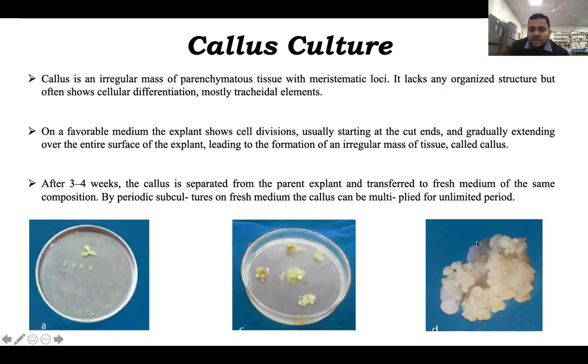So from these calli, based on the media that we are putting them on, you will start seeing some kind of differentiation. You will start seeing some root formation or some shoot formation happening. So we take that part out and put it onto an individual sterile glass jar, and we allow that plantlet to form roots, which can later be allowed to grow into a bigger plantlet under aseptic conditions, and then we transfer it to soil eventually.